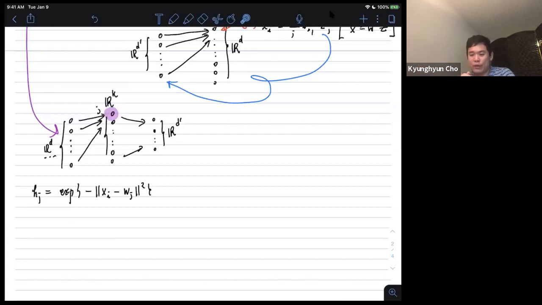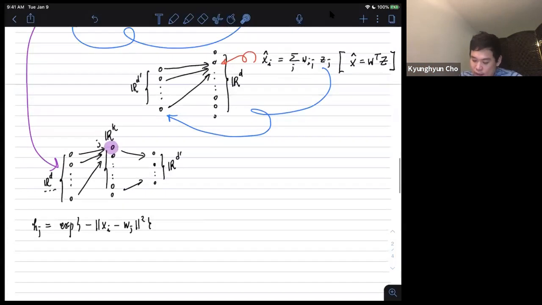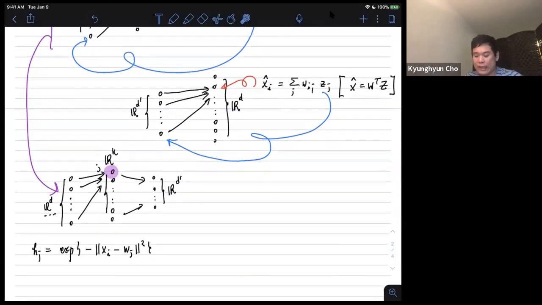Most of the constraints are there in order to avoid learning an identity weight matrix.